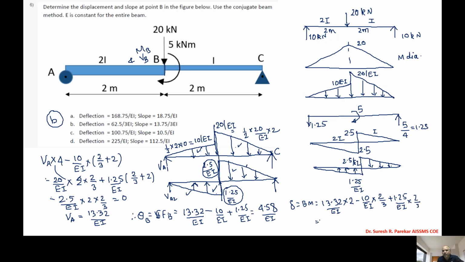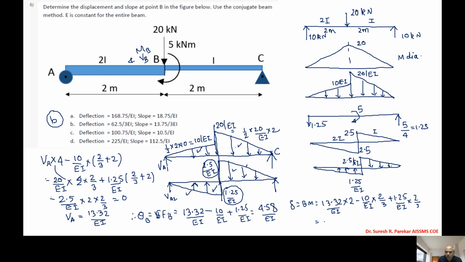Now if we calculate this value, we get 13.32 into 2 minus 20 divided by 3 plus 2.5 divided by 3, and this gives 20.8.